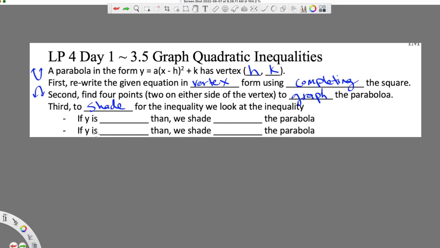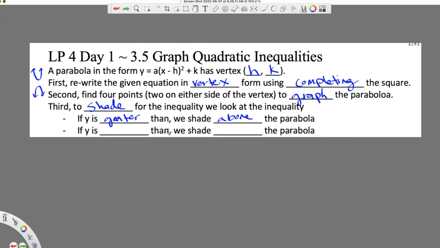So if y is greater than, we shade above the parabola. And that just means, if I had y is greater than, I would literally shade this area, or this area, like this, if it was going down. So that's what I mean by above.